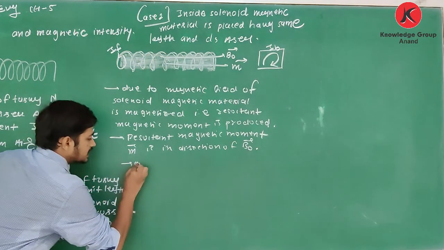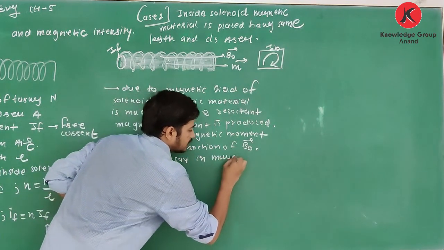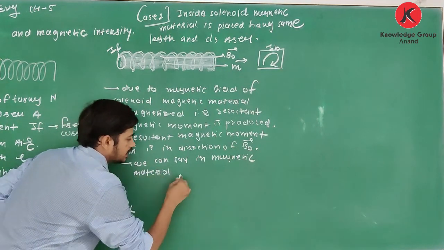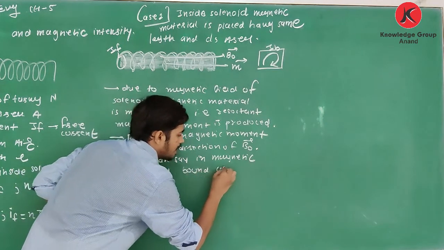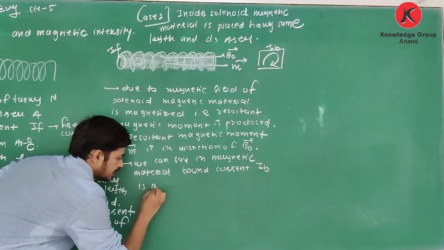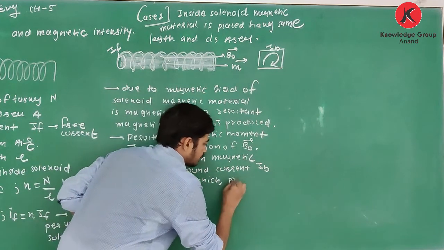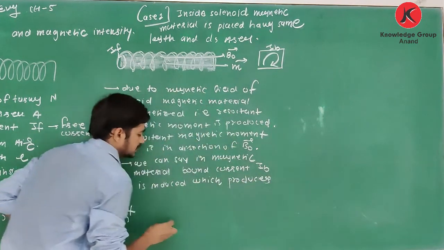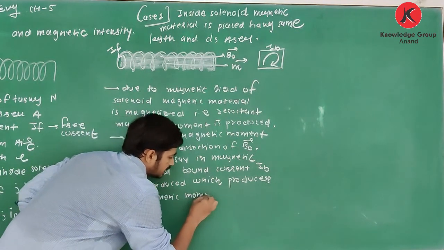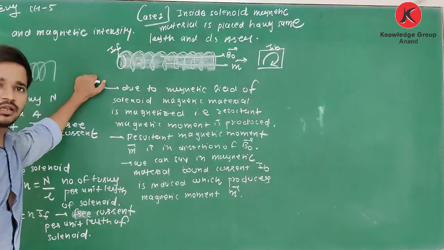So we can say in magnetic material, bound current IB is induced, which produces magnetic moment M. Clear about this?